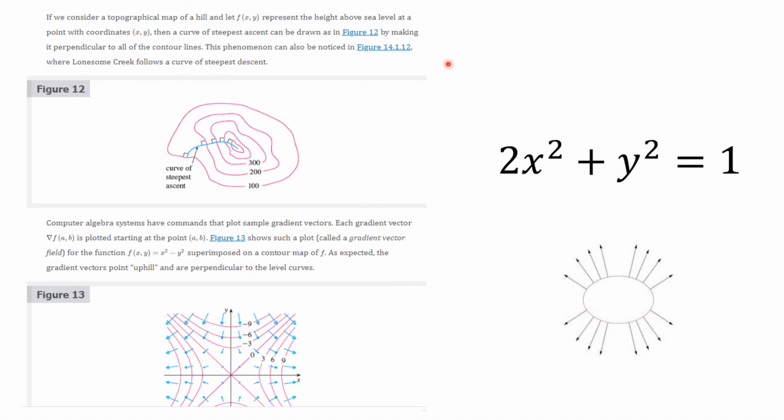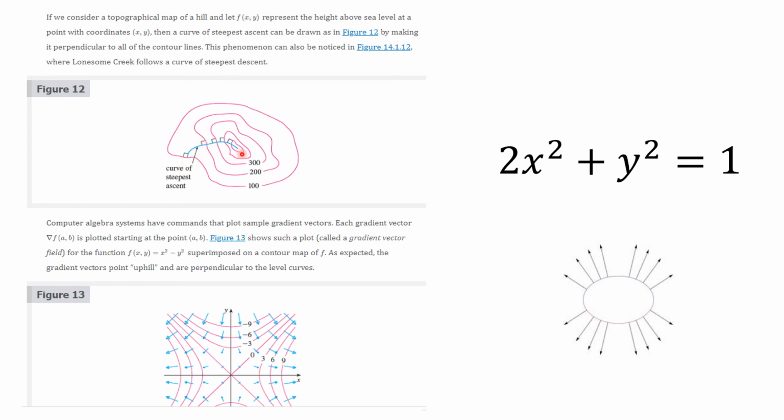If we were considering a topographical map of a hill showing elevations, and f of x, y was the height above sea level at a point, then the curve of steepest descent could be drawn by being at a point and moving in the direction that is perpendicular to the curve at that point. Then I will move in a direction that's perpendicular at the next point. Again, I'm jumping from level curve to level curve, perpendicular at each point, and so on. So you see my steepest ascent would be along this, where at each level curve I recalculate my direction.